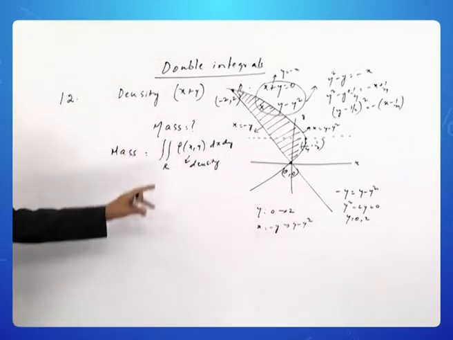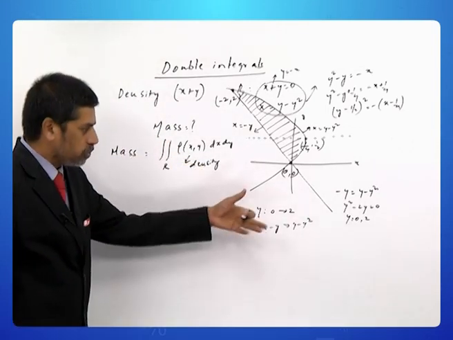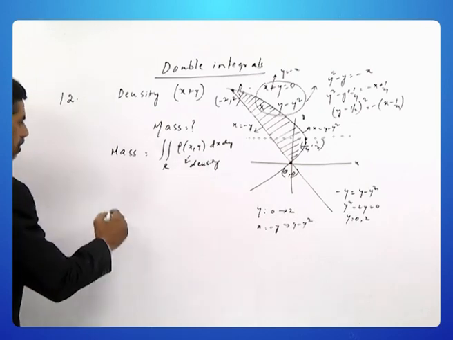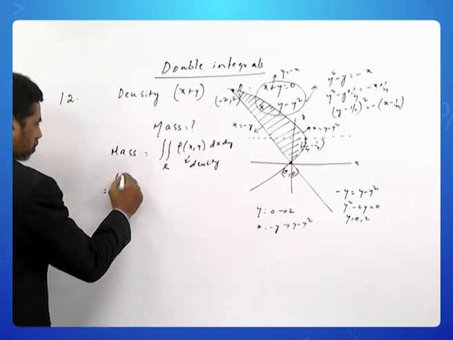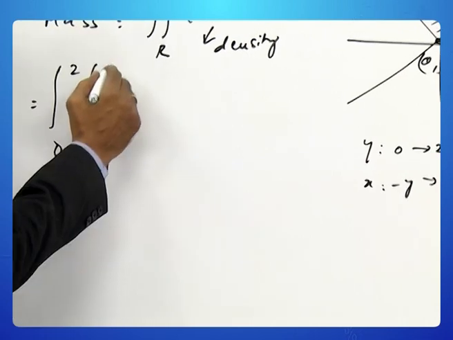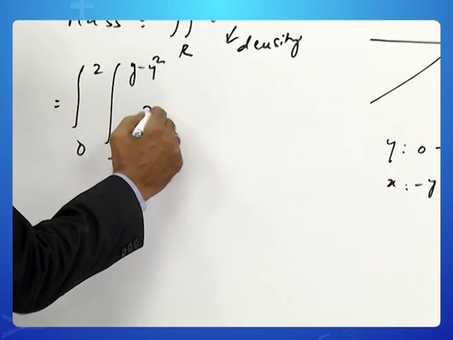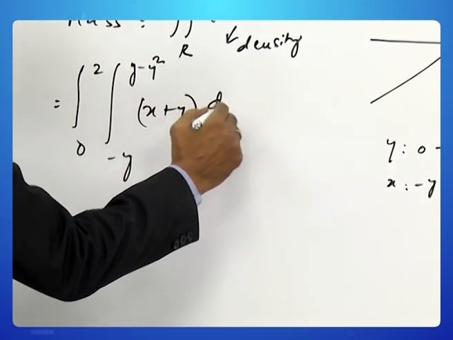So if you perform double integration of the density within these limits, you should be able to get the mass. So let's do it. 0 to 2, minus y to y minus y squared, (x plus y) dx dy.